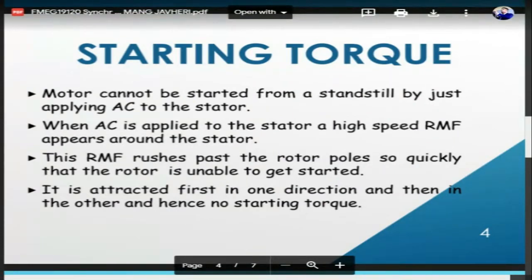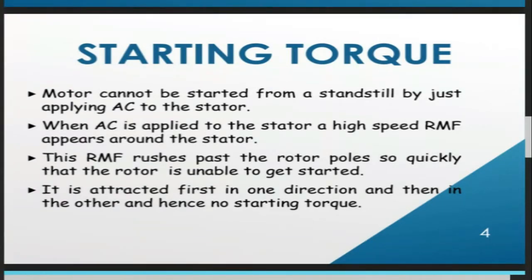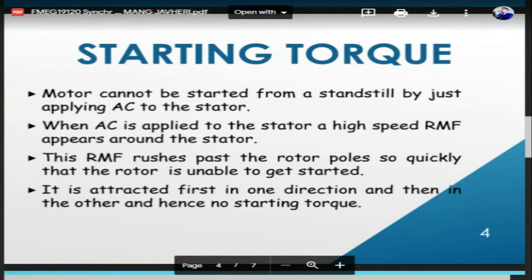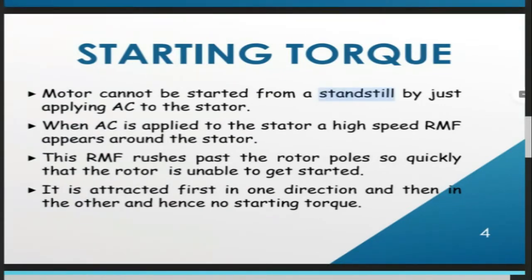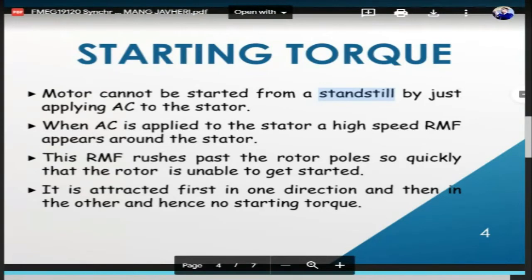So now we will see why this starting torque is not there, because, as you saw, we need some external force to rotate the rotor in such a way that it has a direction similar to the rotating magnetic field. When the rotor is at standstill, not rotating, and we apply the voltage to our winding, this motor will not start, because the magnetic field is already there, it has started.